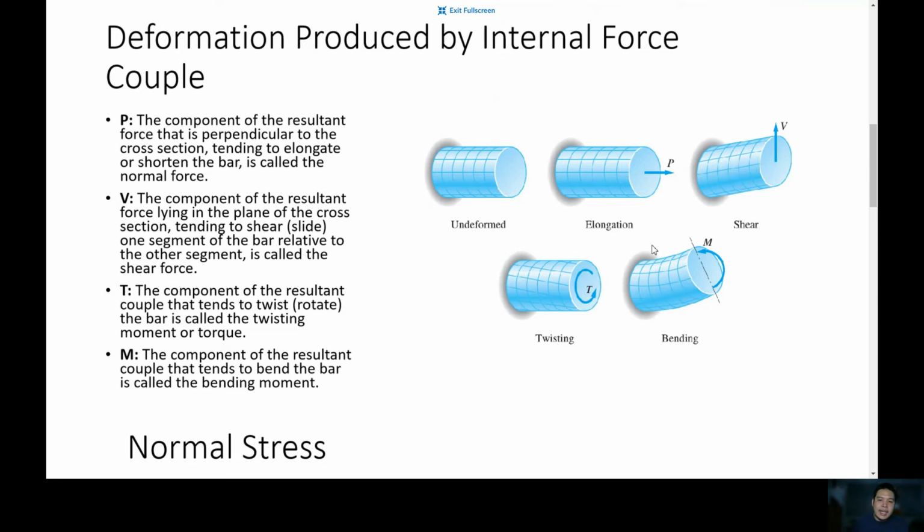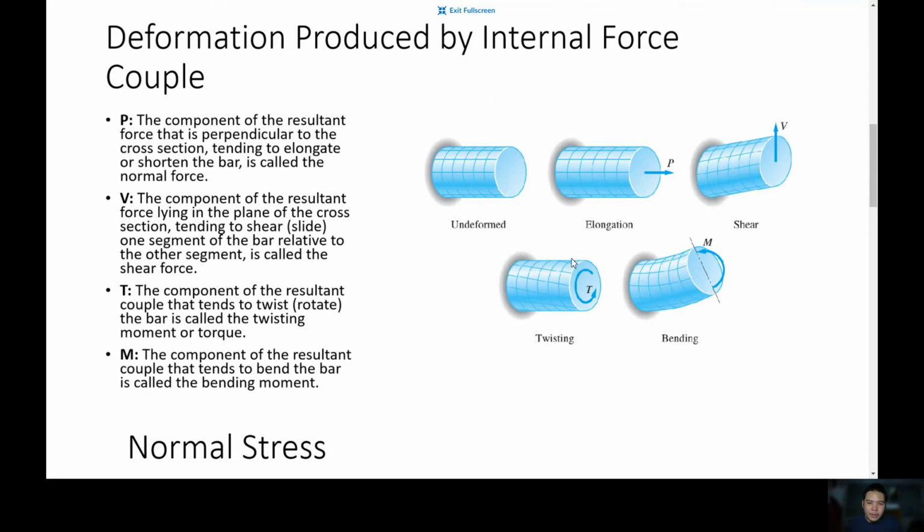Alright, so twisting is also a common deformation. Twisting internal force is also known as the torque. The twisting force, we also refer to that as torque, or torsional stress.